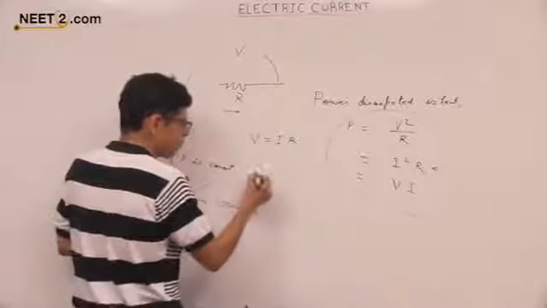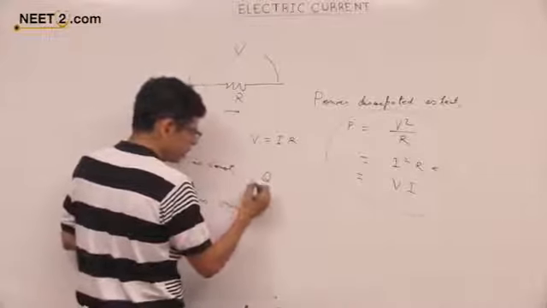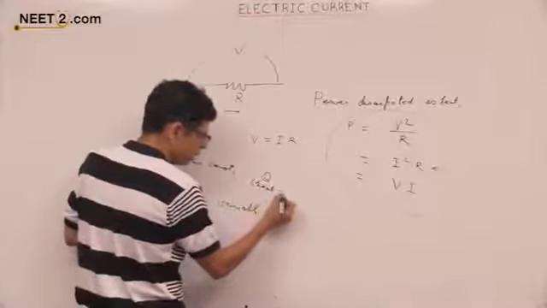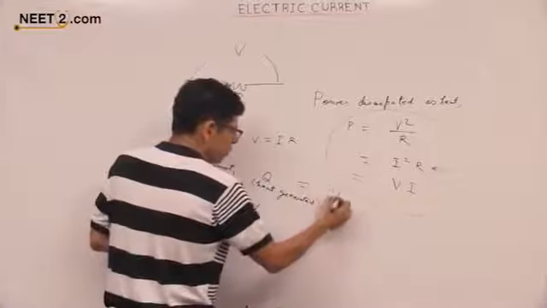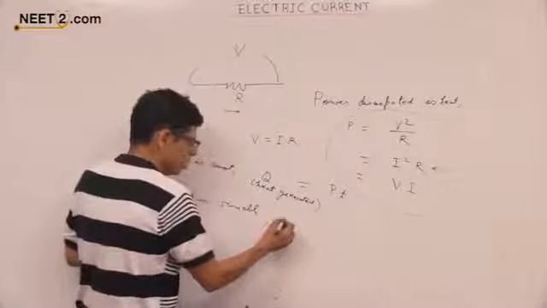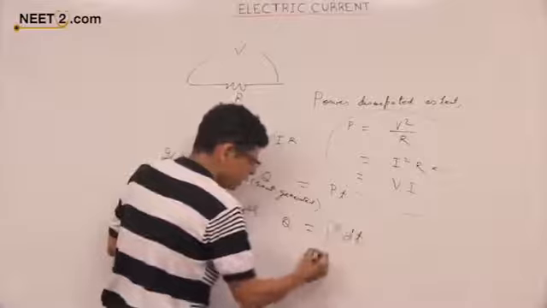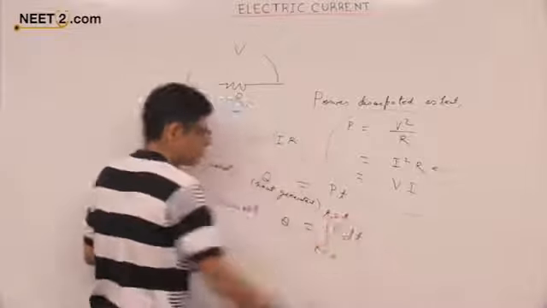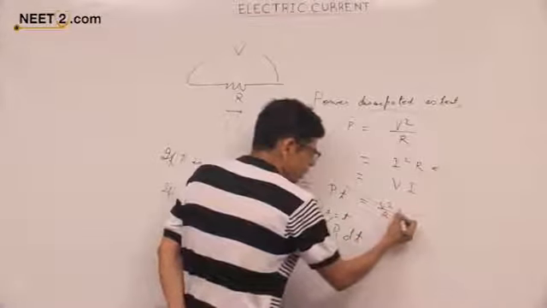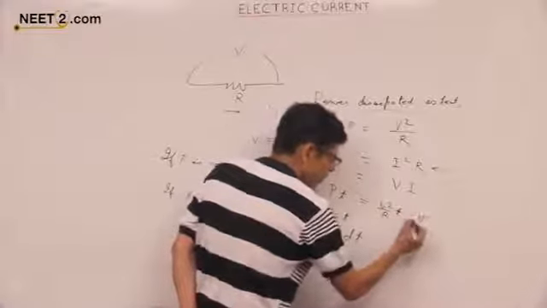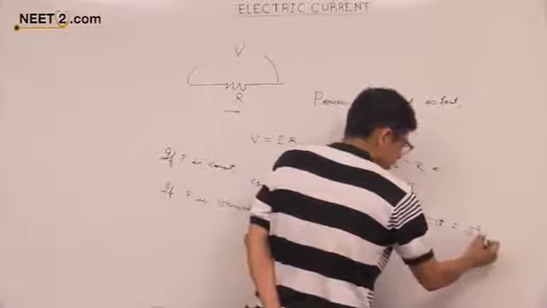But if P is constant, the heat generated Q over a time T will be given by P into T. Whereas if P is variable, this Q, the heat generated over time T, would be given by the integral of P dt from 0 to T. That is, for constant P this would be given by V square by R into T, or V into I into T, or I square RT.